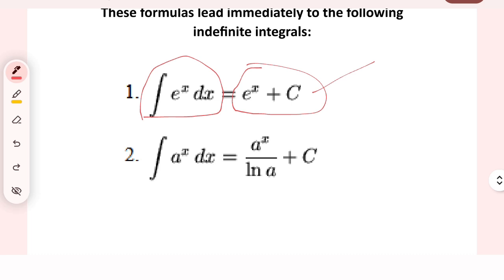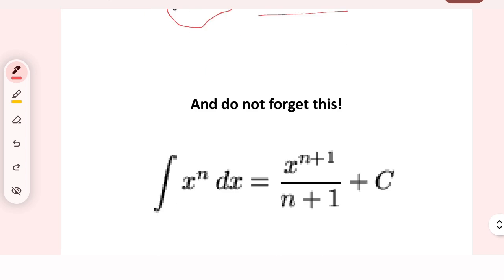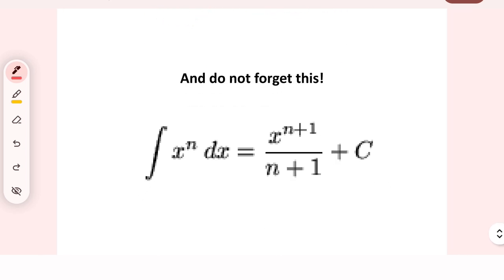And another one that is also very common: the integral of a to the x dx is a to the x divided by ln a plus c. So again, the integral of a to the x dx is equal to a to the x all over ln a plus c. All right. And of course, do not forget this one, the integral of x to the n dx.